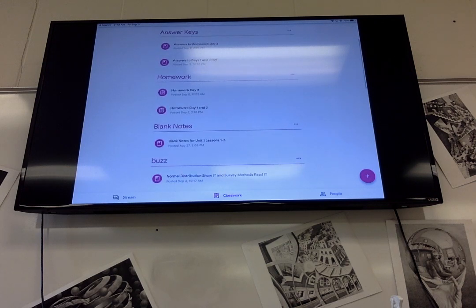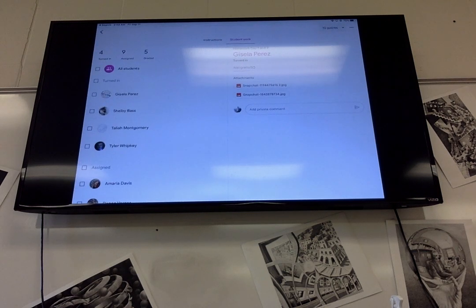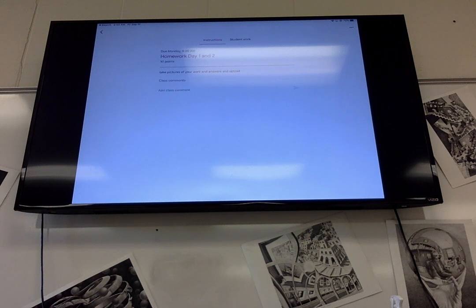Notice under homework, there are 2 assignments. If you click on those, it tells you when it's due, right up at the top. It's due this Monday, because it says Monday, 8 a.m. So you want to do it before then. Notice it says, take pictures of your work and answers and upload.